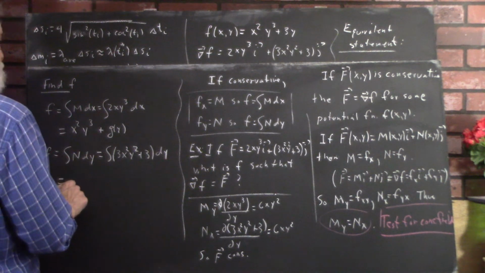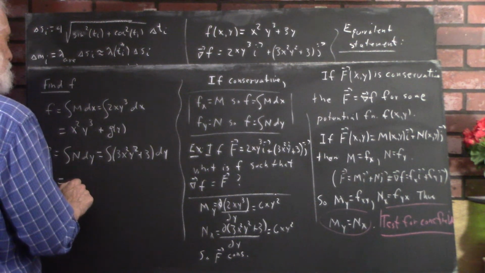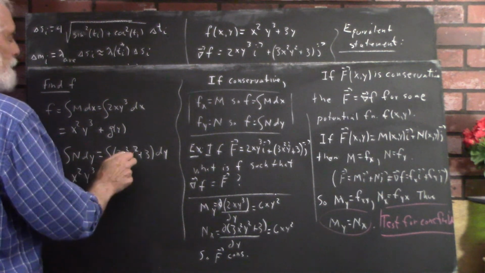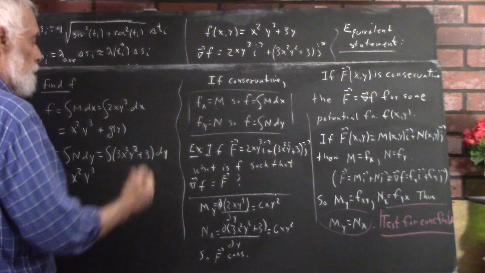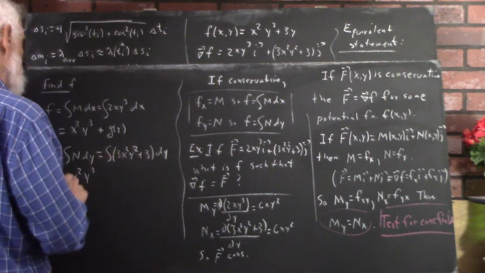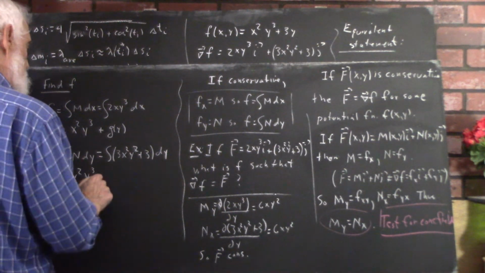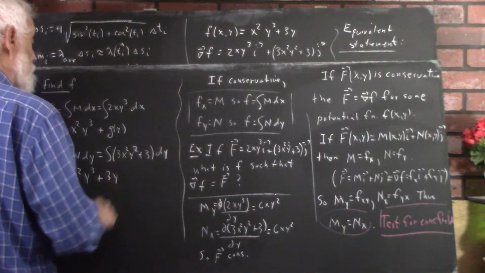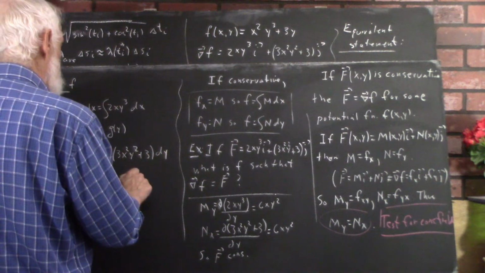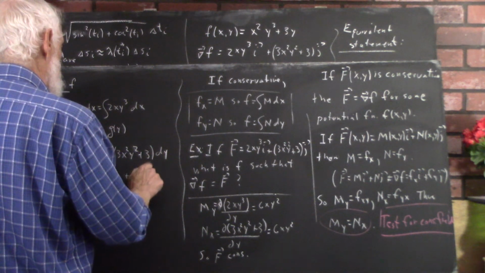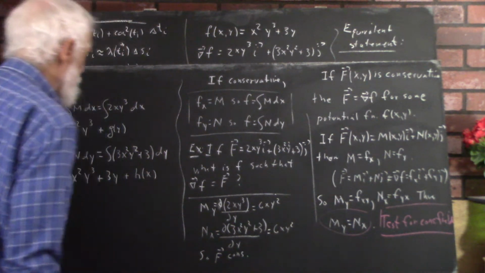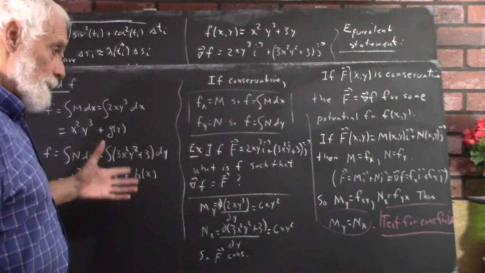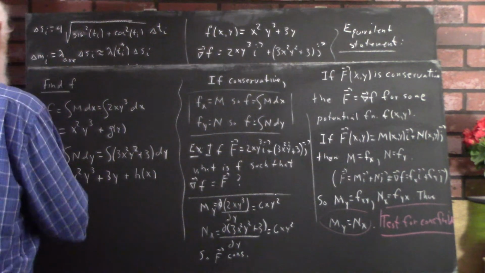And our antiderivative is, again, x squared y cubed, because the antiderivative of y squared is y cubed over 3, which takes care of the 3, and we get an x squared y cubed. Then plus the integral of 3 with respect to y, which is just 3y. And then plus some function which we'll call h of x. Turns out we're not going to need an h of x, but we could.